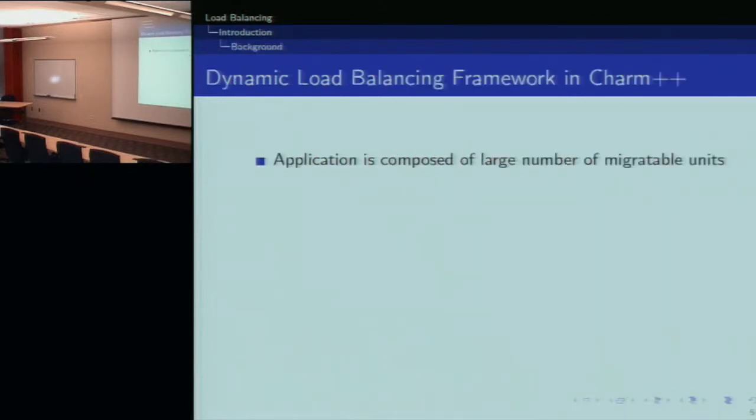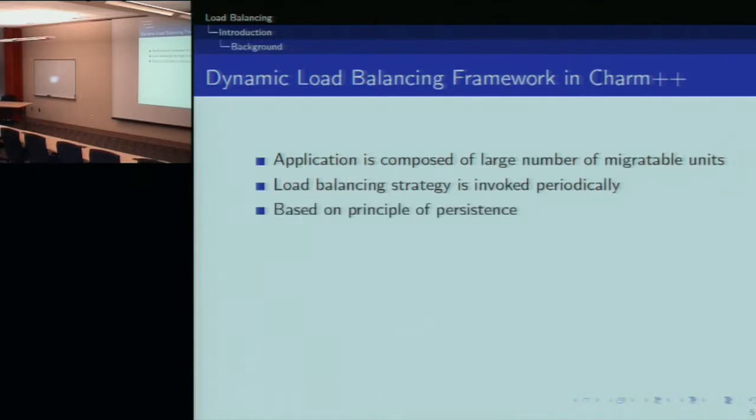The load balancing algorithm we are proposing has been studied on iterative applications with persistence. In our context, the application is composed of a large number of migratable units, and the load balancing strategy is periodically invoked.